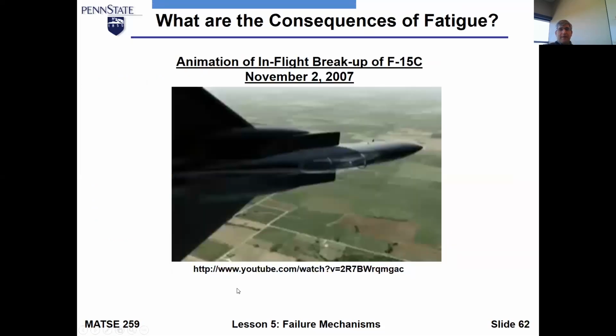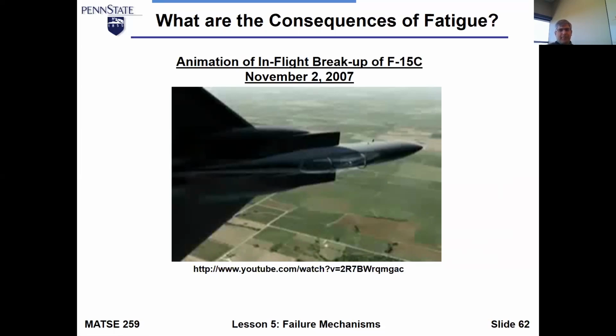Now we're going to see an example of that here. What are the consequences of fatigue? This is a simulation, but in 2007, the Air Force ran into, really, you would look at it as a crossroads or a major issue. F-15Cs at the time, and now, even with other aircraft coming online, are still the primary interceptor.